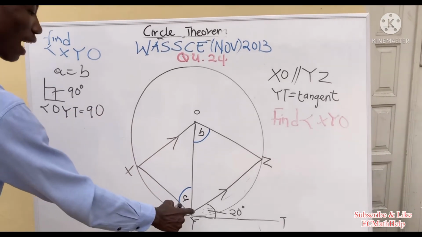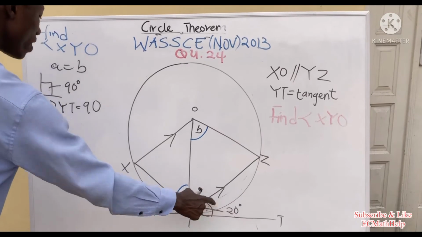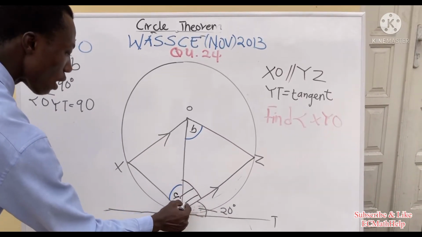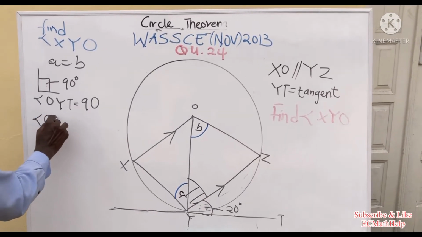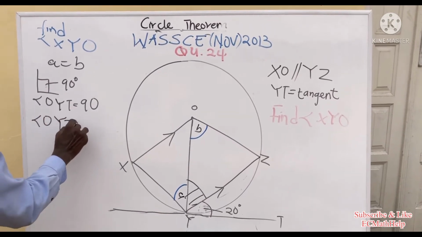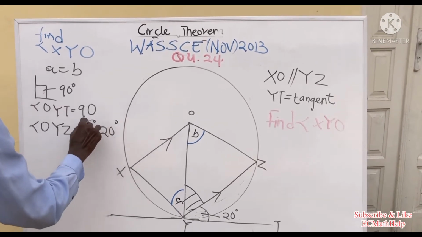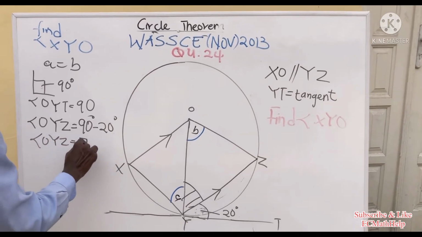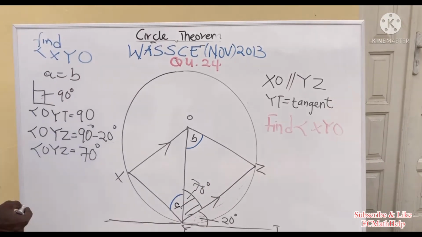If angle ZYT is 20, then the rest of the angle here, angle OYZ, is equal to 90 minus 20 degrees, which is equal to 70 degrees. So the angle here is 70 degrees.